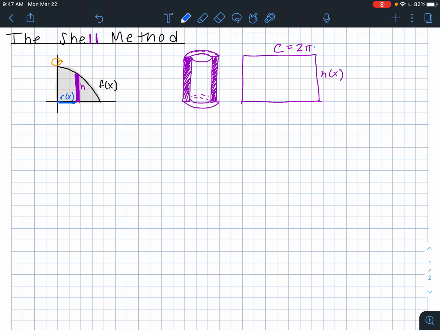And then plus 5 to the 4th, which is 625 over 4.